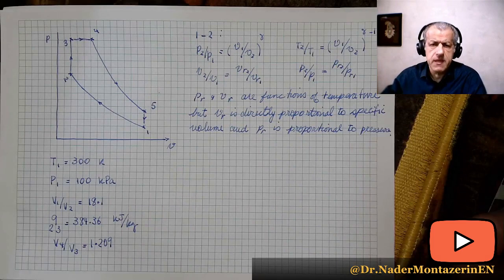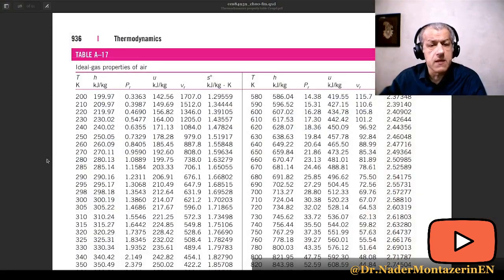In fact, many thermodynamic books have tables which give these values, and if you look at it here, you would see I've selected this table from the book by Sonntag, and similar tables for air are there in other thermodynamics books.